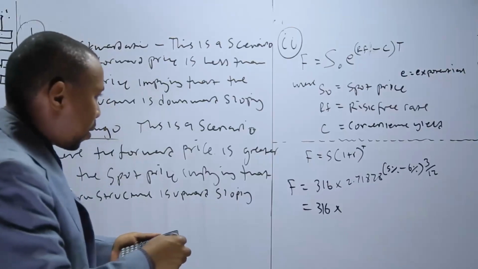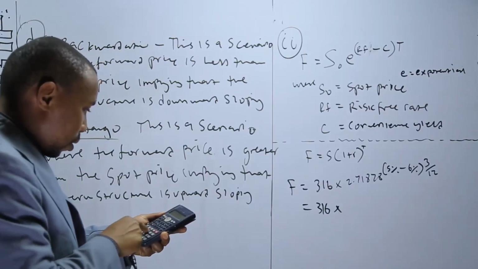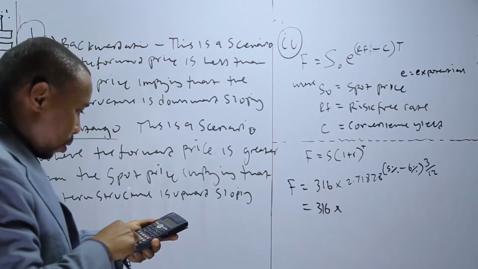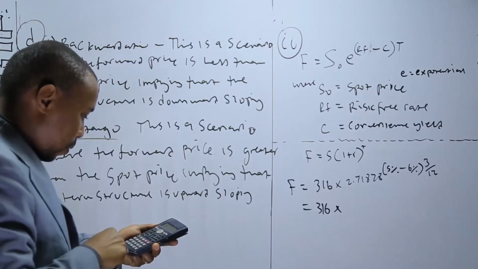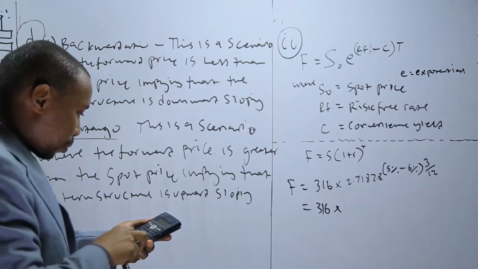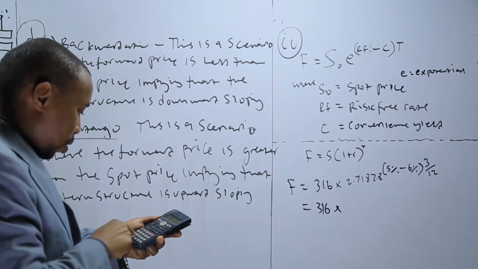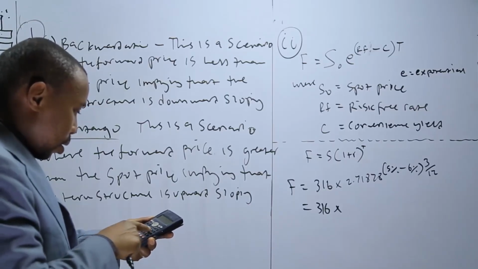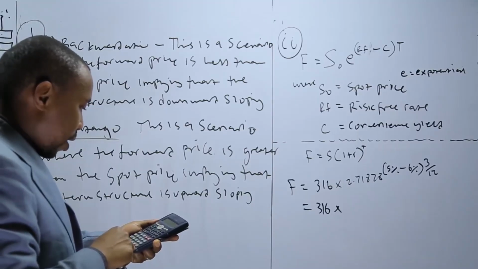Let me just do it slowly, please. So it's 0.05 minus 0.06, equals, multiplied by 3 by 12. You get that, and then 2.71828 per 0.9975.